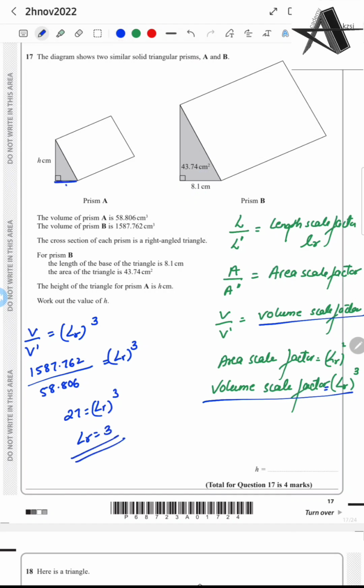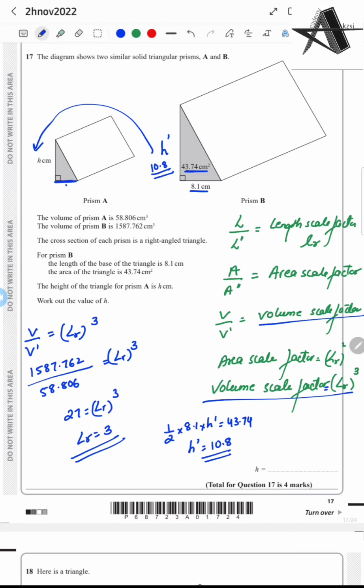They have given that area is equal to 43.74. So half times base, that is 8.1, and let's say its height be h dash. h dash times that is equal to 43.74. On solving, I'll get h dash as 10.8. According to the length scale factor, which is 3, this should be 1/3 of it, because this is shorter.